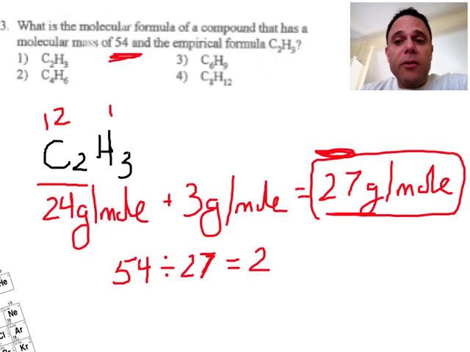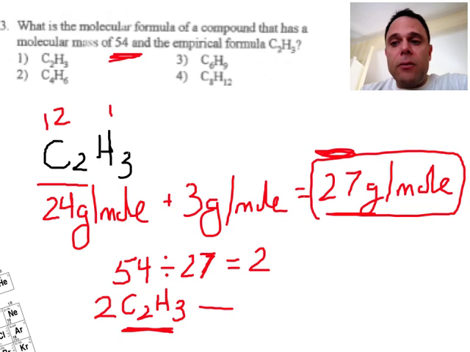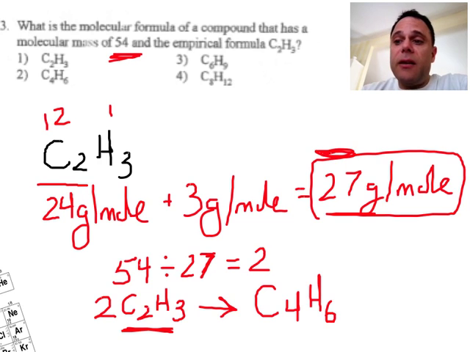Now we can't write it like this, 2C2H3, because that's still an empirical formula. What it becomes is C4H6. Now I suggest that you double check your work. After you do this, you should calculate the mass again.